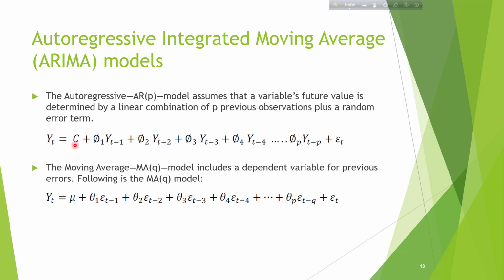That is, yt is equal to c plus phi 1 yt minus 1 plus phi 2 yt minus 2 up to phi p yt minus p plus a random error term epsilon t.